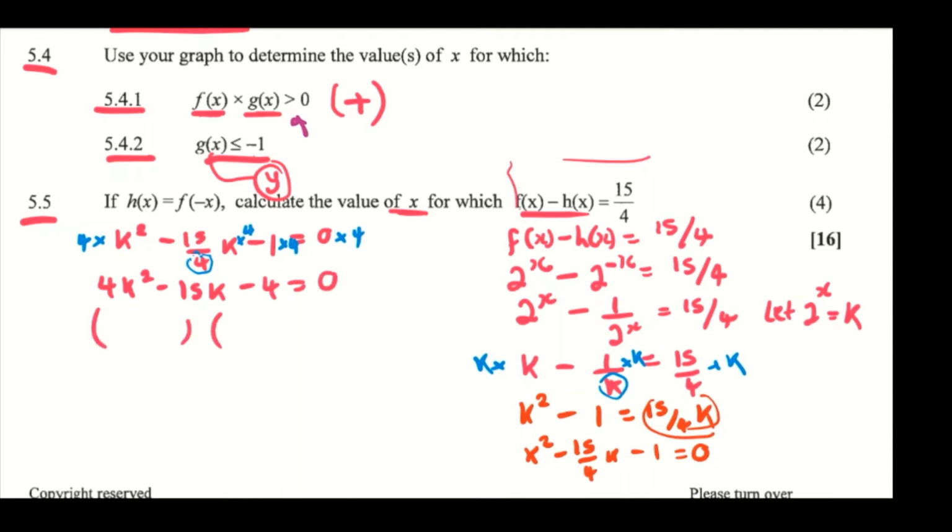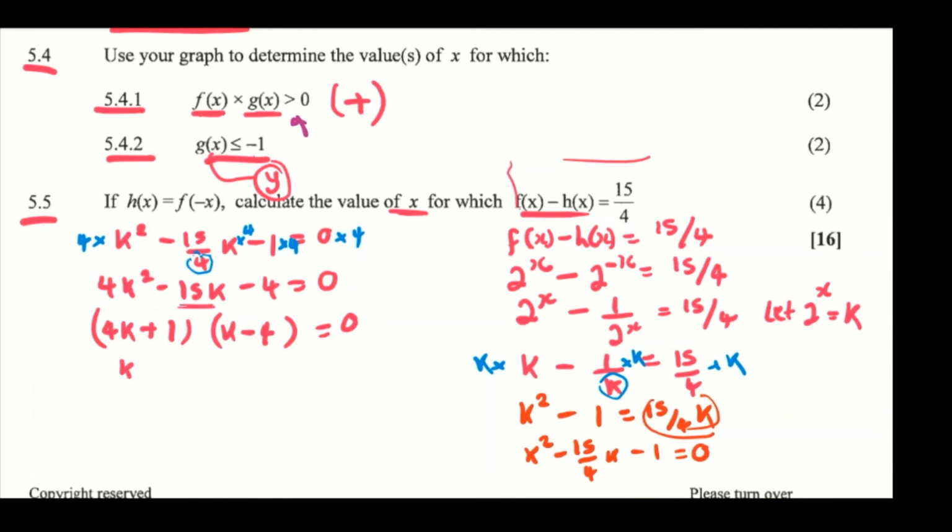Then we factorize this expression. It's going to be 4k and k here, and we can put 4 here. When you multiply 4 and 4 you get 16, but another factor of 1 multiplied by k gives us 15, so we put negative here and positive there.